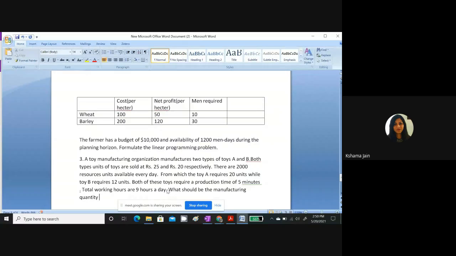In the graphical method, we will find the solution, the values of x and y. So keep these problems safe, we will work on these only. What should be the manufacturing quantity of each toy to maximize the profit?